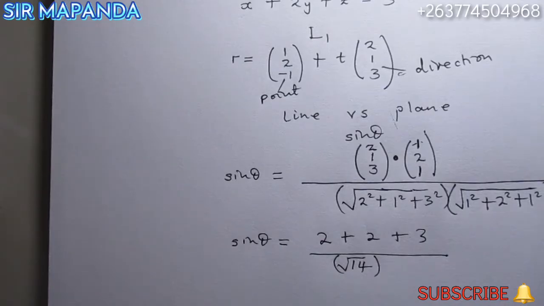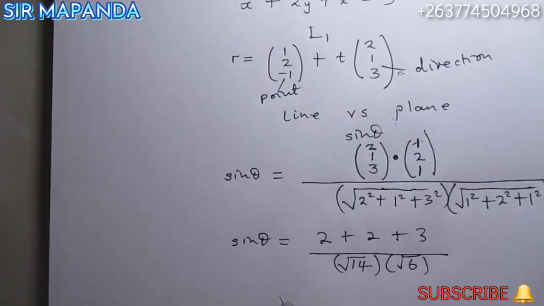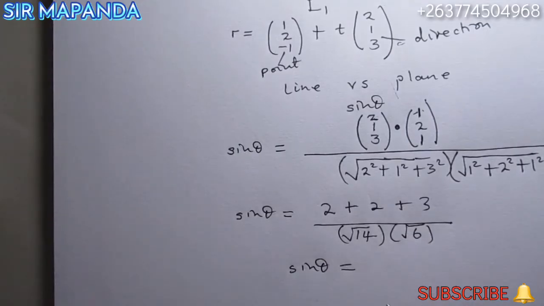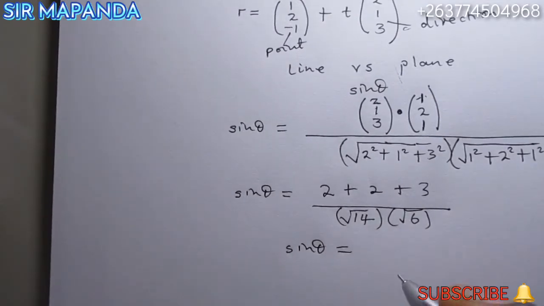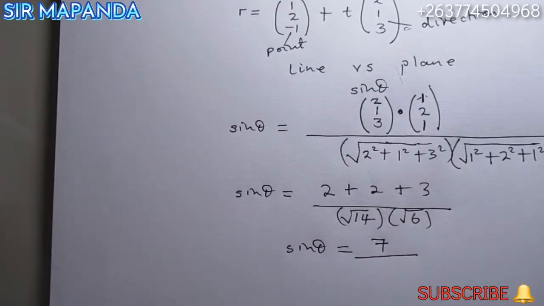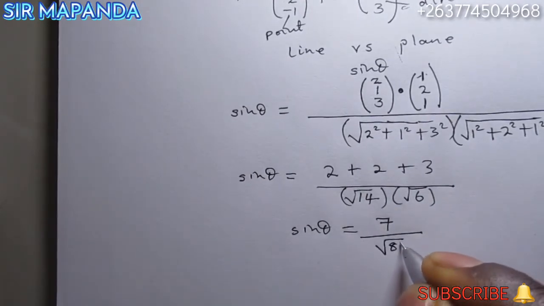Then 1 squared plus 2 squared plus 1 squared, you get 6. So you write sine theta is equal to 2 plus 2, you get 4, plus 3, it gives you 7. I hope you are following. Right. Then 14 times 6, you get 84. So you write square root of 84 here.